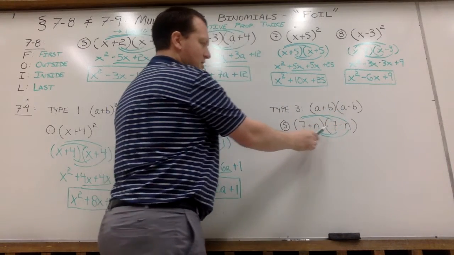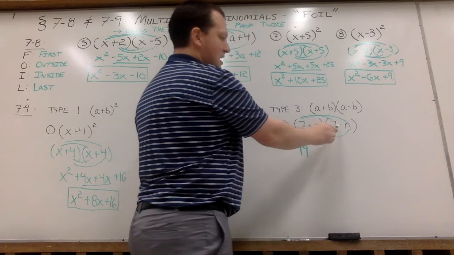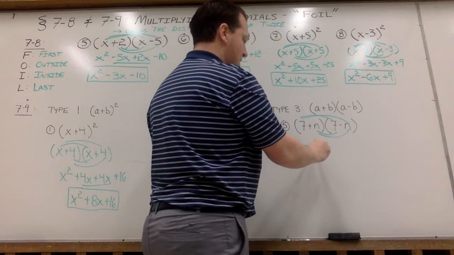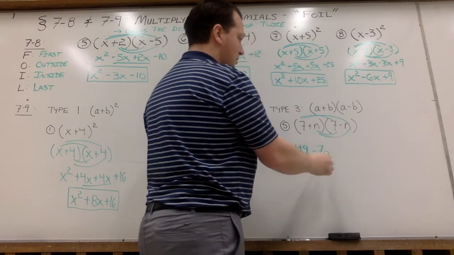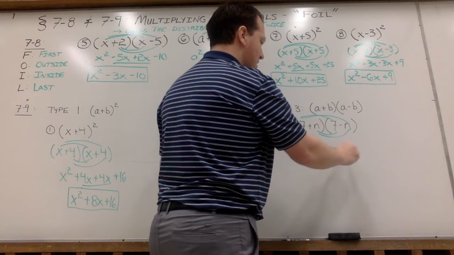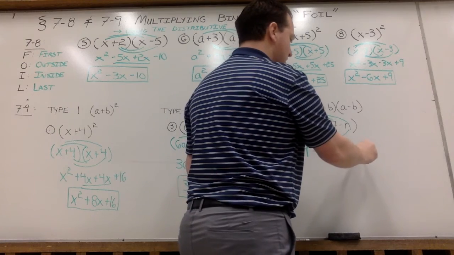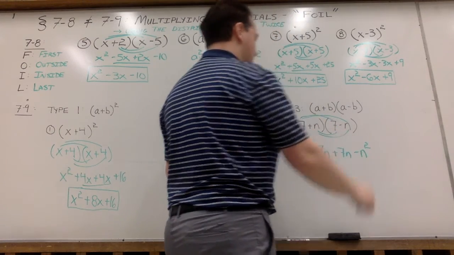So I'm going to go 7 times 7, 49. 7 times negative n is negative 7n. Then I have positive n times 7 is positive 7n. And then n times negative n is negative n squared.